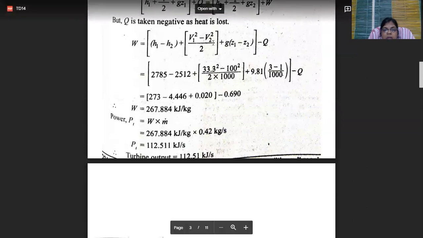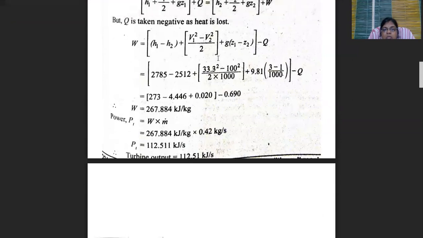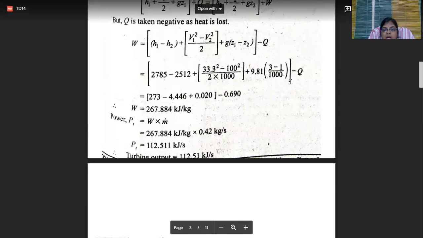But for our kinetic energy and potential energy, now we are satisfied, both are getting balanced. So we divided 2 by 1000 and by 1000. So finally our solution is balanced. We got W equal to this value in the form of kilojoule per kg.